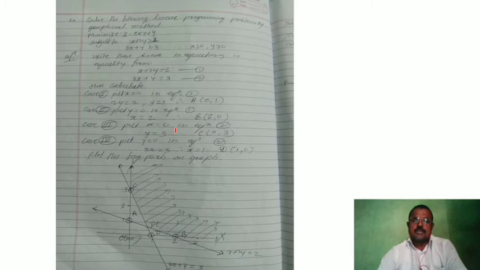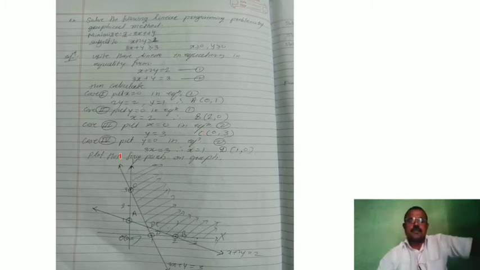Therefore we take point C, x coordinate first, y coordinate second. x is equal to 0 is 0, y is equal to 3 is 3. Therefore C point is 0, 3.